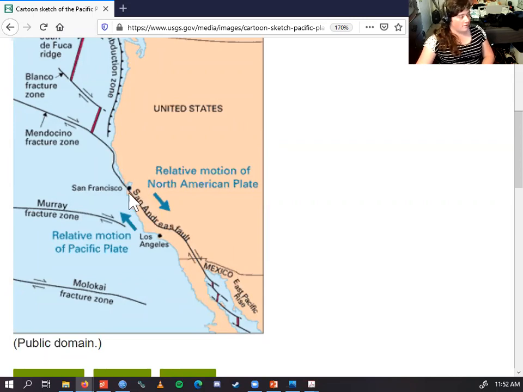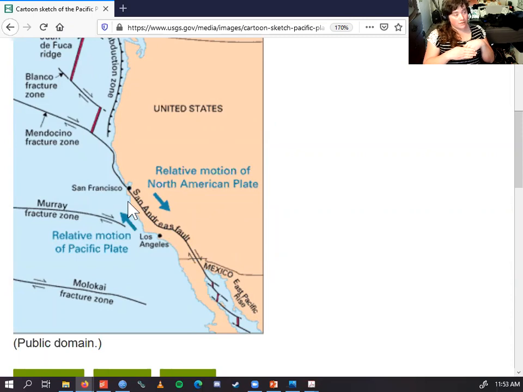What's different about this crust versus the ocean crust? They move differently? It is going to cause it to move differently. The continental crust is a lot thicker and harder to break through. And if it's harder to break through, that causes stress to build up and then causes big earthquakes when the stress gives way.